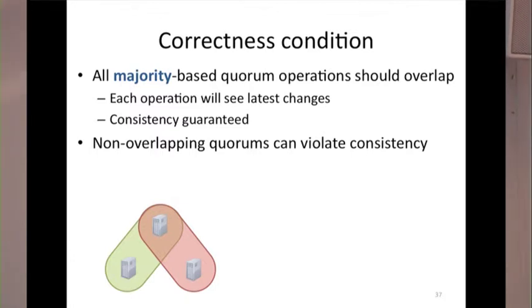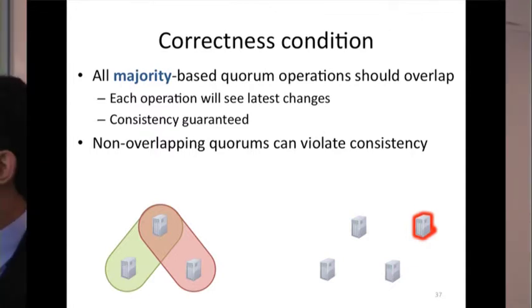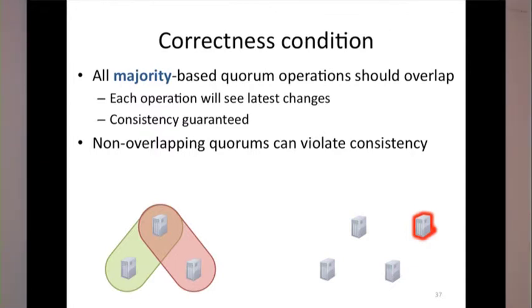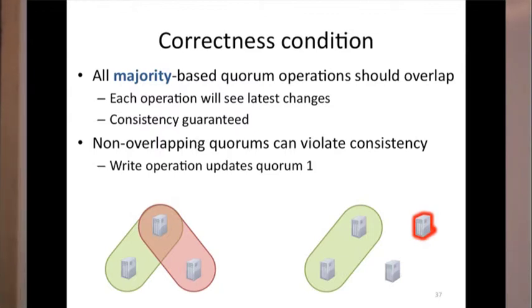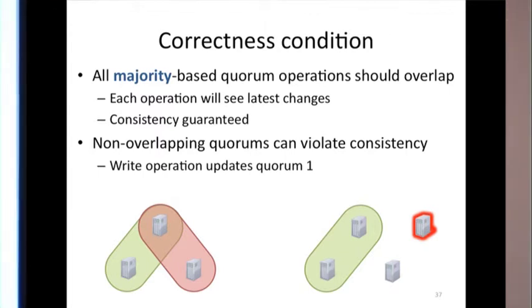For example, here, if you had 3 replicas, let's ignore this replica for now, and you have an operation that updates these nodes. It's a majority-based quorum. Now, if you want to do a read, and you did not pick a majority, you just pick one node, you might read from this one. You will get an old value. So first of all, you have to read from a quorum. But there is another problem as well.